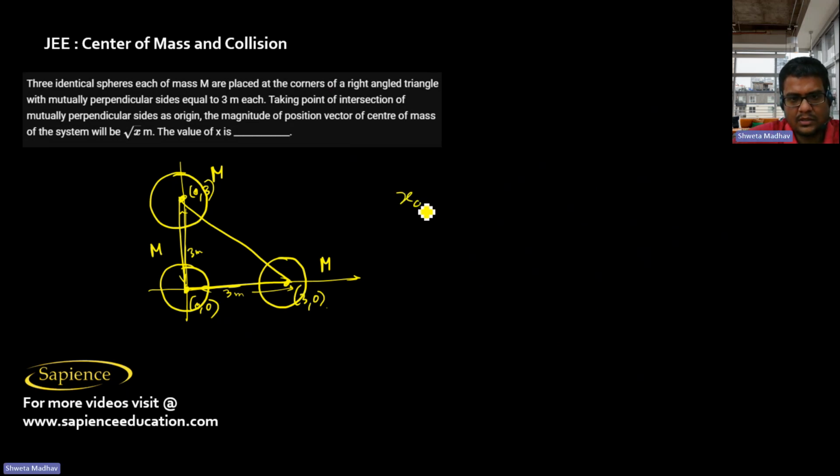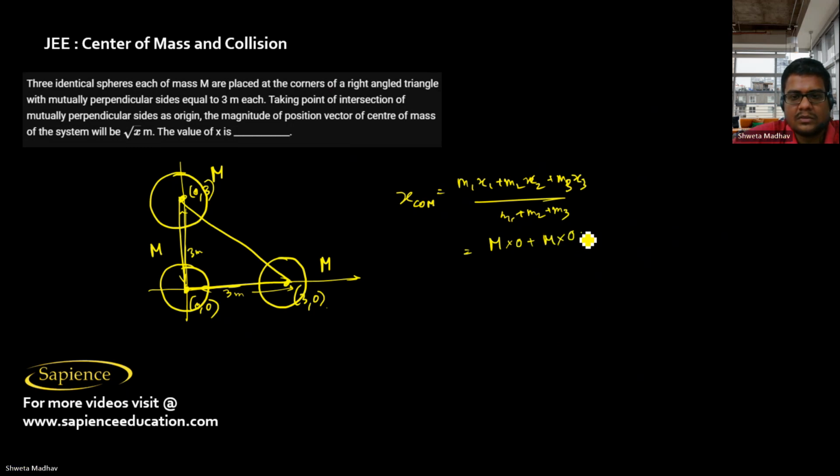So the x coordinate of the center of mass of the system will be equal to (m1 x1 plus m2 x2 plus m3 x3) by (m1 plus m2 plus m3). All masses are the same, m only. So m into x1, that is 0, plus m into x2, that is 0 also, plus m3, that is m, into x3, that is 3, by 3m.